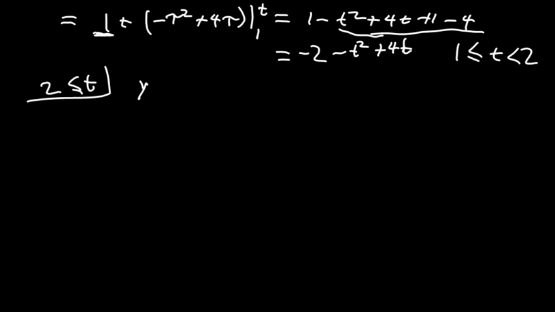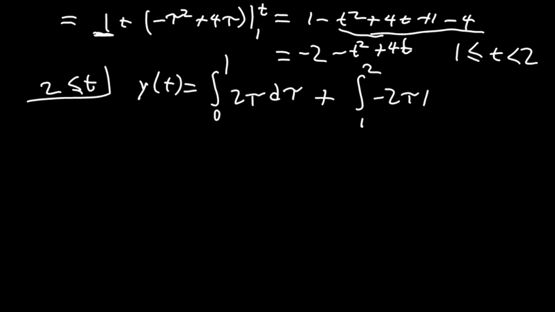So y of t is equal to the integral from 0 to 1 of 2 tau d tau, the same equation as we've been using, plus the integral from 1 to 2 of minus 2 tau plus 4 d tau. As you can see, this will just give you a constant, and that constant is 2. And so there's no more dependency on tau or t, and that concludes the convolution.